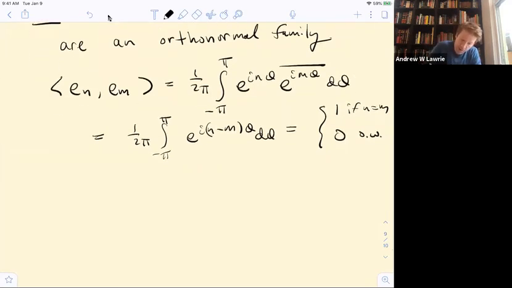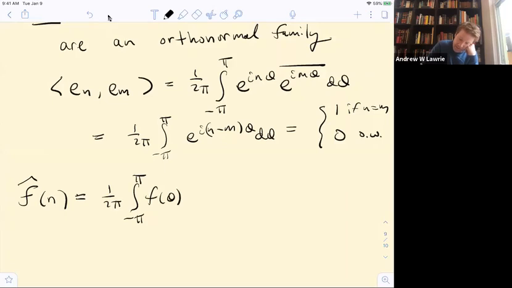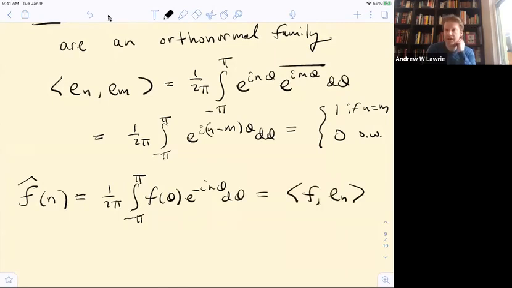Moreover, the Fourier coefficients, what are those? So f hat n of a function, this is 1 over 2 pi, integral from minus pi to pi, f of theta times e to the minus i n theta d theta. This is nothing other than f paired with e_n, the inner product of f with the function e_n, right?